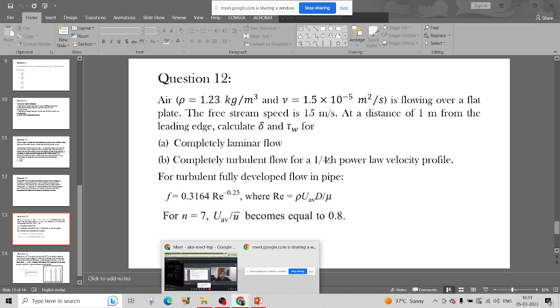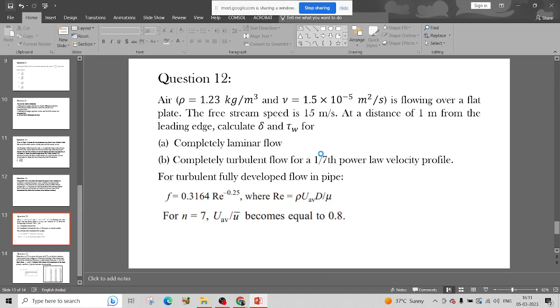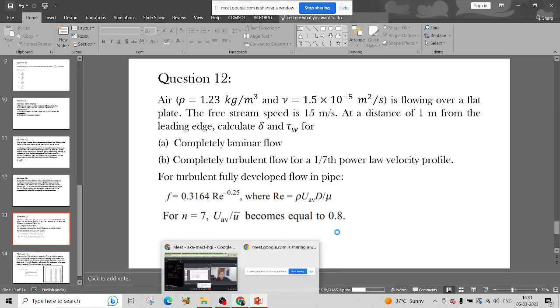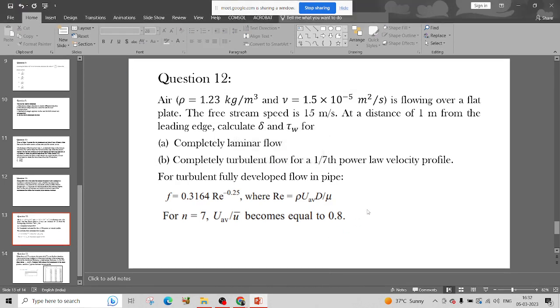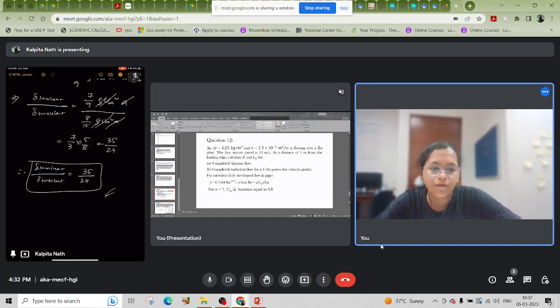This is 1/7, not 1/4. Okay, let us proceed with the solution. I'll give 5 minutes, and after that we'll proceed with the solution. Try to solve it.